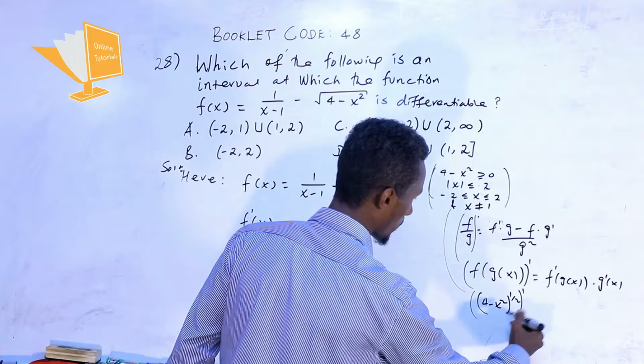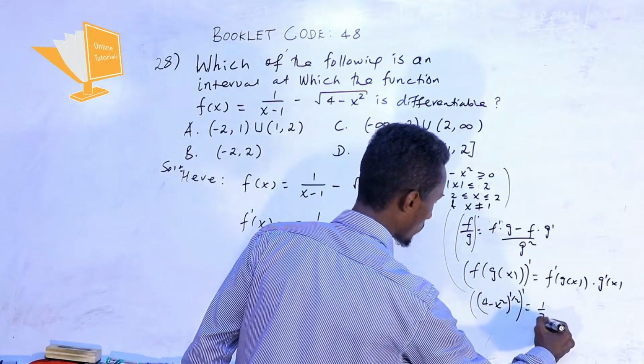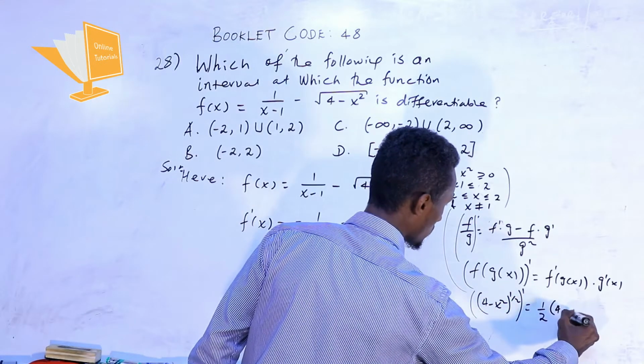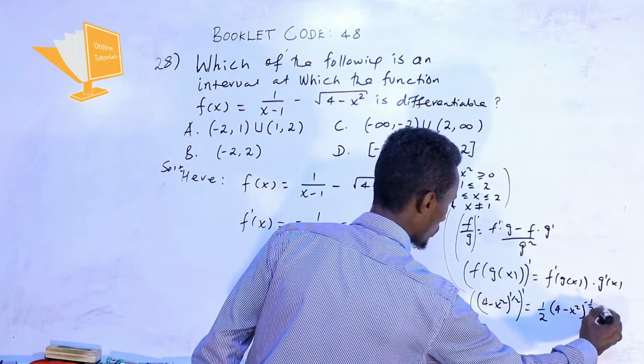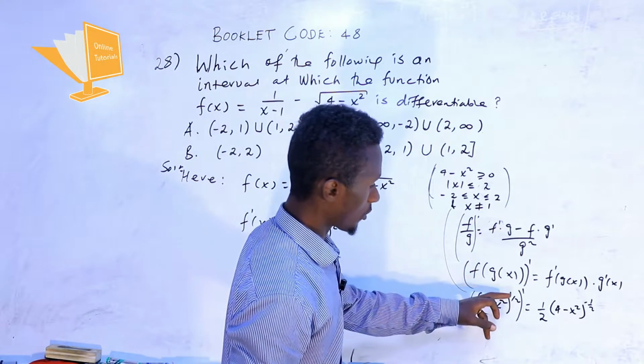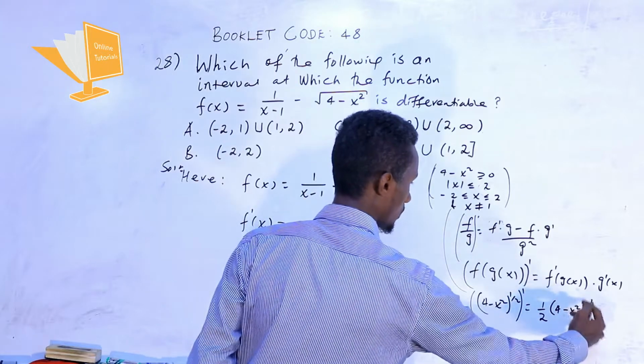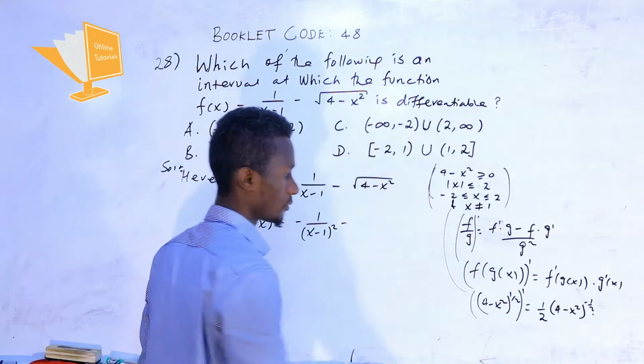this part, the outer part, which means 1 over 2 into 4 minus x square the whole power of minus 1 over 2, ምክንያቱም 1 over 2 minus 1 ሲሆን the power becomes minus 1 over 2 ይሆናል.